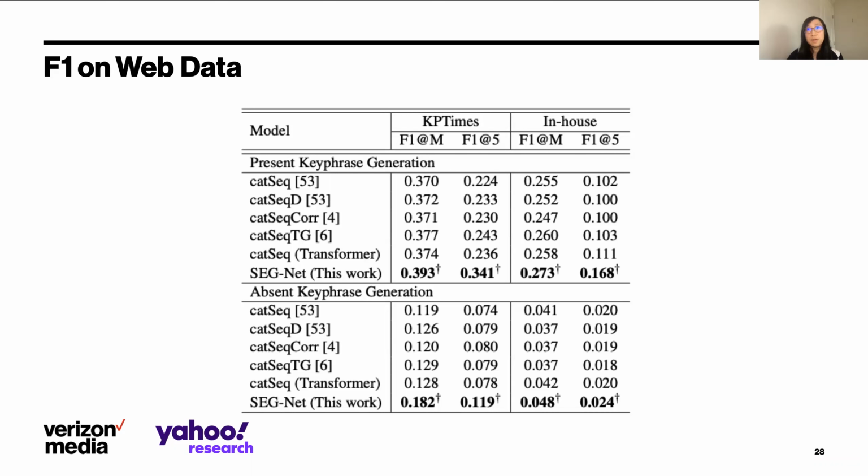Yeah, so back to your question, I think you raised a very good point that I'm going to address in our next slide. Here we see that the F1 score for the absent key phrase is very low. That makes us think, are we really generating meaningful key phrases, or is it just by luck that we're doing better than the ground truth?